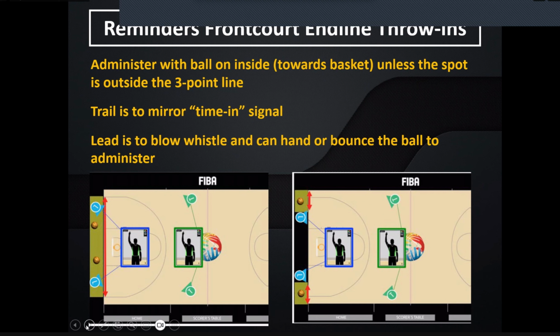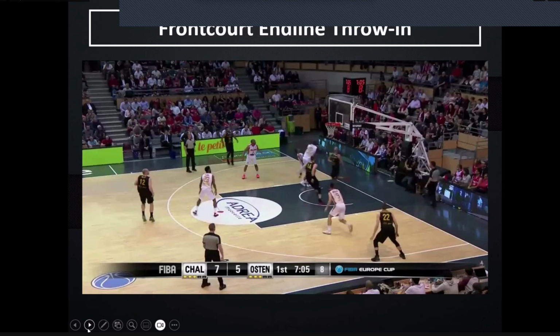Our IOTs, especially for any game: distance and stationary, referee the defense, stay with the play, open angles, position adjust. Those are involved in everything we do. Front court end line throw-in. Here's a video.